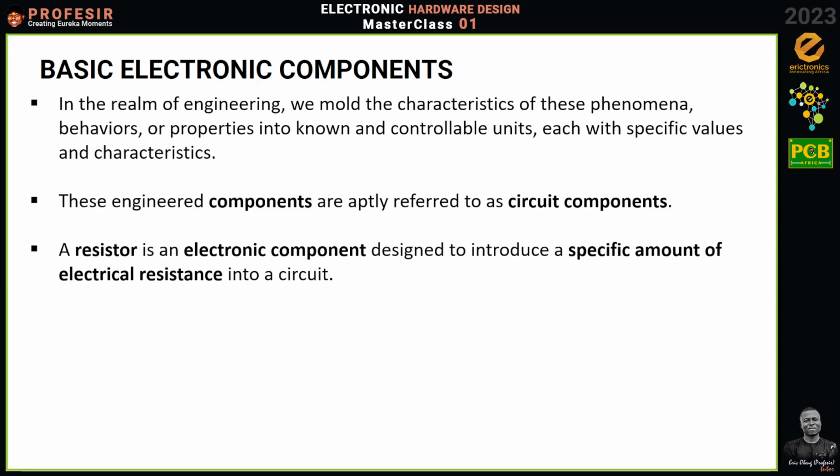So in a situation like the analogy I gave, where we have a 9-volt battery and we want to power a 6-volt lamp, then we would want something that will be capable of consuming that excess of 3 volts, right? So that is how we put certain specific amounts of resistance into packages to solve that kind of problem, right?